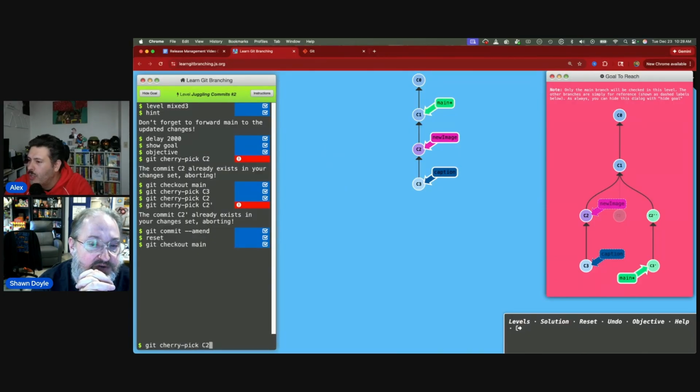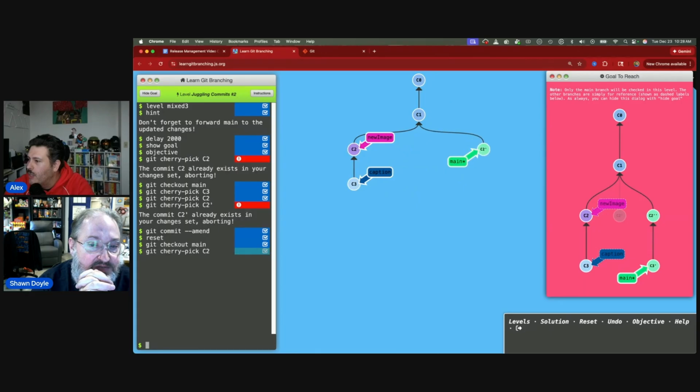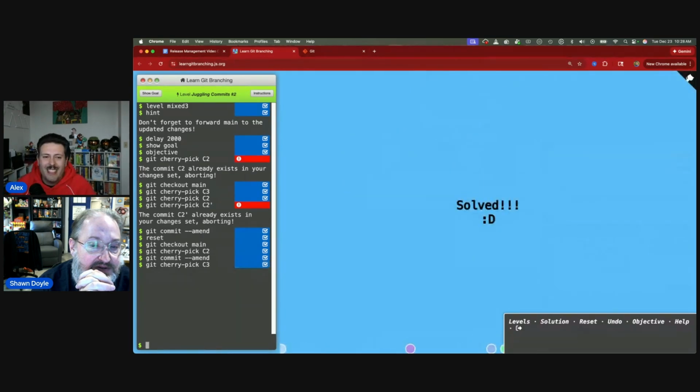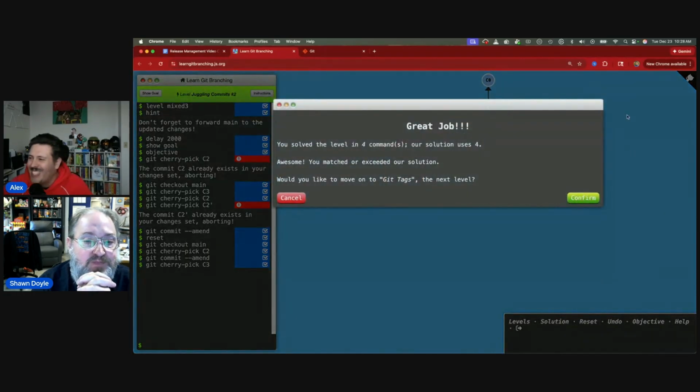I think we want C3 first, right? No, because then git commit --amend does that, and then that looks right. Yeah. Then we want to git cherry-pick C3. That did it. Yep. That wasn't that hard. No.